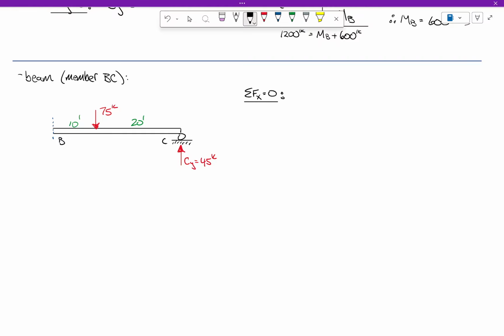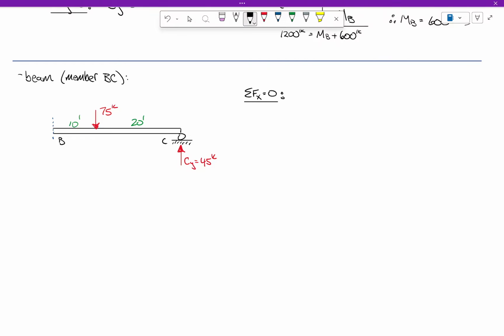And by the way, what happened when we did this for the column? We got some forces. Now we're doing it for the beam, getting some forces. What did we get for the column? We got 30 kips down, and we got 600 foot kips. Is that what we got? Okay.